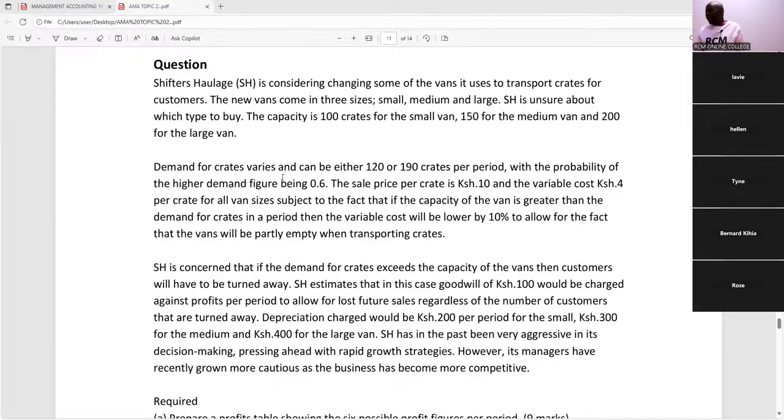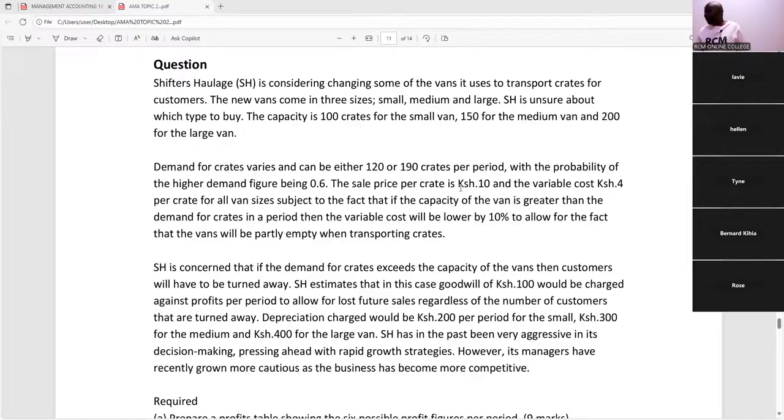Demand for crates varies and can either be 120 or 190 crates per period, with the probability of the higher demand figure being 0.6. So you can see demand here, these two of them will be our states of nature. We don't know how many crates will be demanded out there in the market.